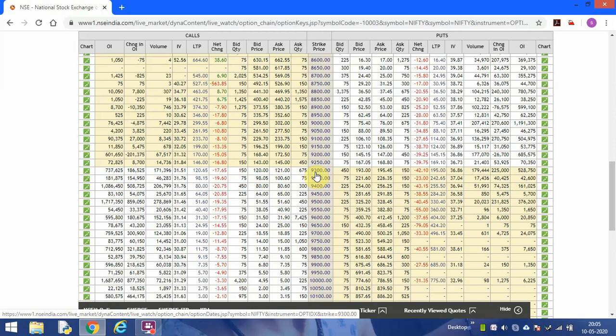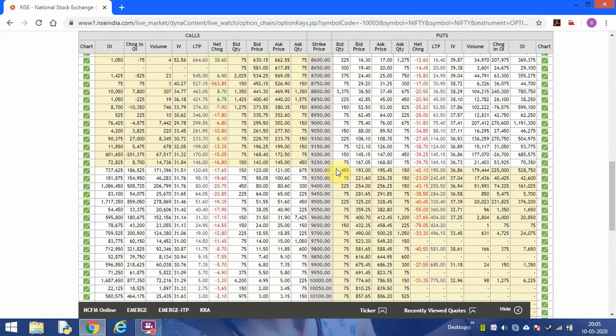This is resistance. Call works as a resistance: 9,300, then again 9,400, then 9,500. So let's say Nifty opens above 9,250 on Monday.